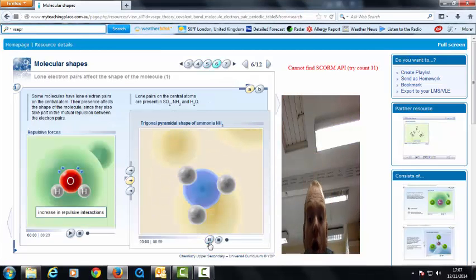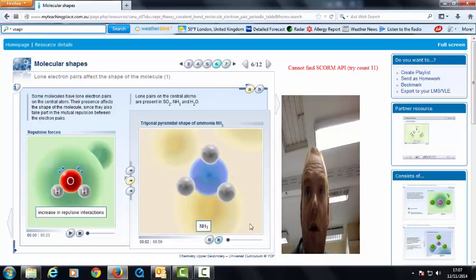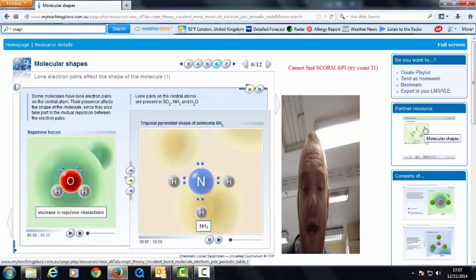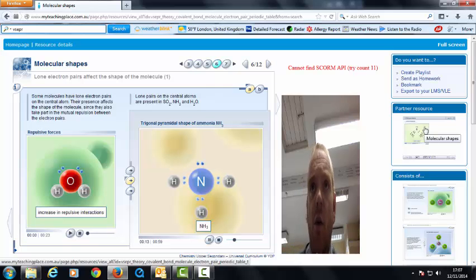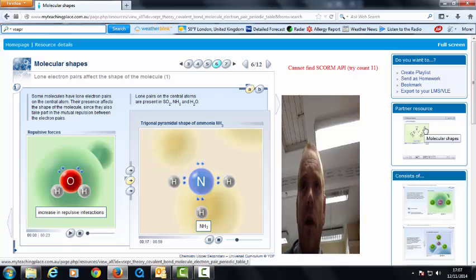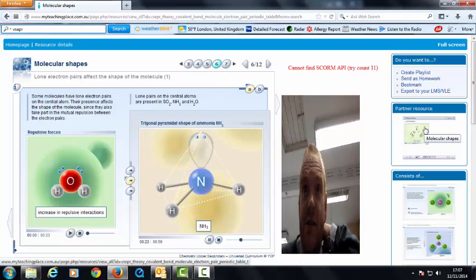Now I can look at where I'm starting to get lone pairs in the molecule. An example is ammonia, where I've got 1 lone pair on the nitrogen. So I've got 3 bonding pairs, which are being flashed up now, and 1 lone pair. Ideally I would like to have a tetrahedral geometry, because I've got 4 electron pairs, so my geometry is based on a tetrahedron.